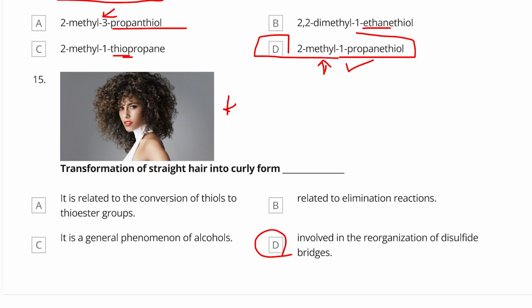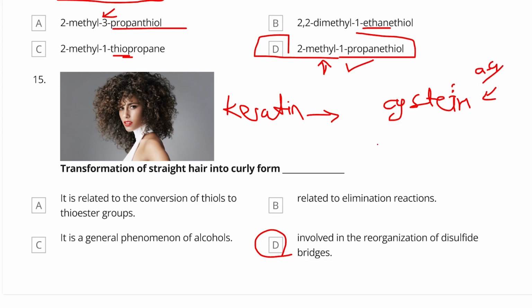Because the hair is rich in the protein keratin, and keratin is a protein rich in cysteine, with high cysteine residues. There is a higher content of cysteine residues, and cysteine is an amino acid. It's an amino acid carrying SH, carrying thiol, and two cysteine molecules attach with the sulfur bridge.